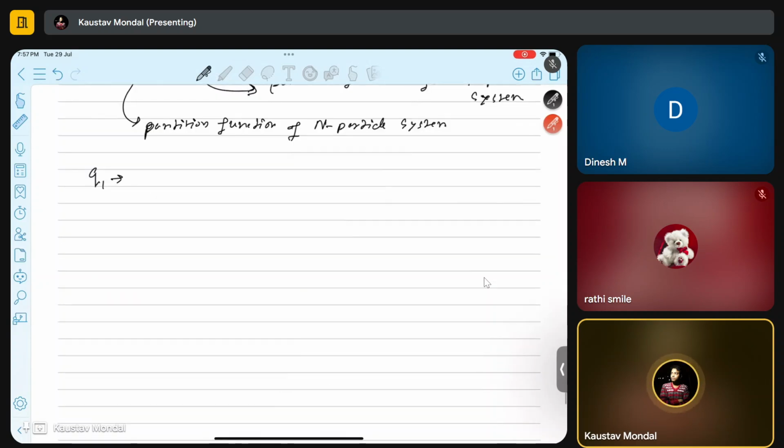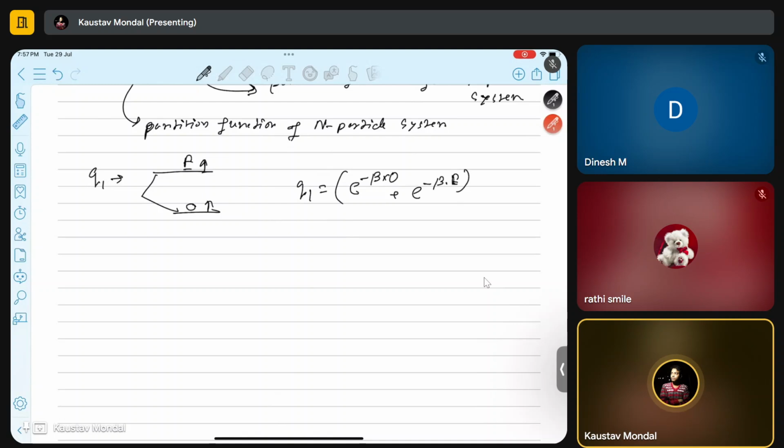So which means that in this problem, Q1 means if there is only one particle instead of three particles, and there are two energy levels, E or 0. So either the particle is in the 0 state or the particle can be in the E state. In that case, there is no degeneracy. So Q1 would be e to the power beta into 0 plus e to the power minus beta into E, right?